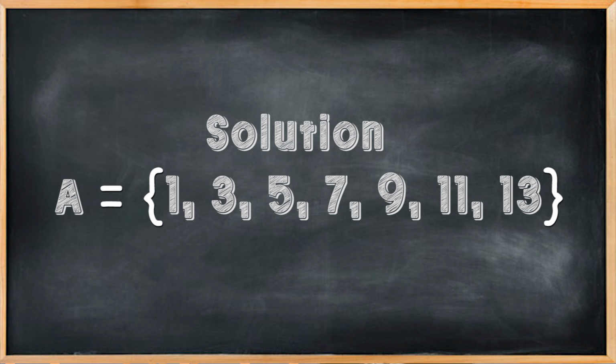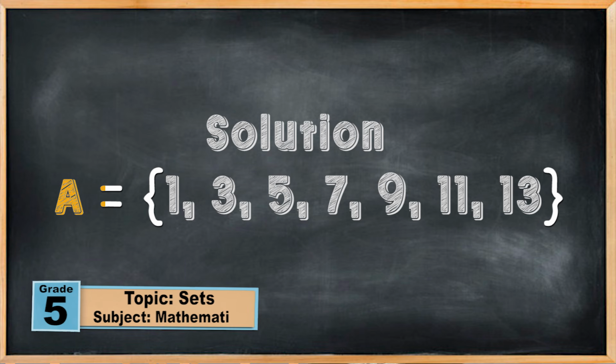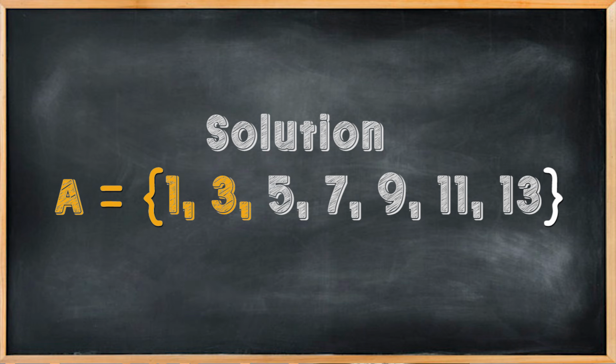If you came up with A equals, open curly bracket, remember we are listing the members, so we have to open curly bracket, 1, 3, 5, 7, 9, 11, 13, close curly bracket.